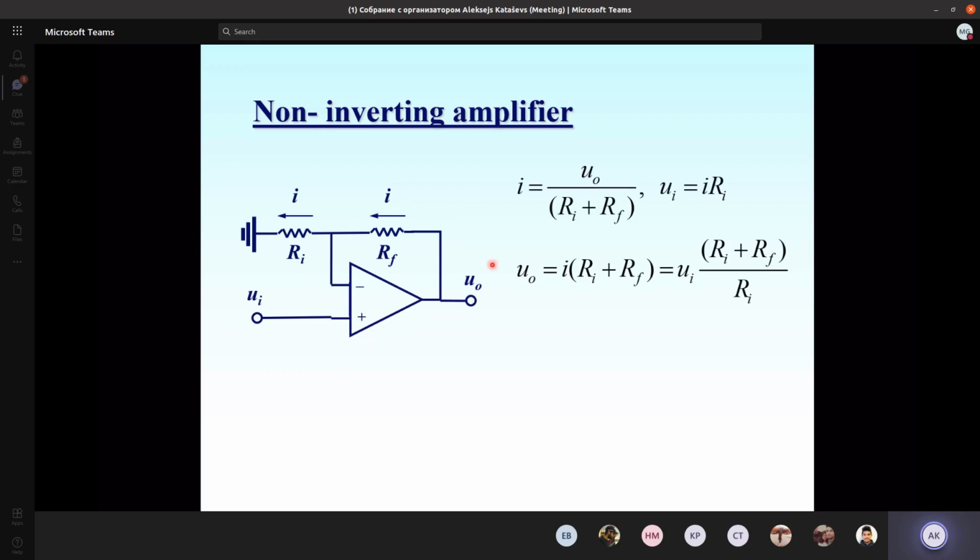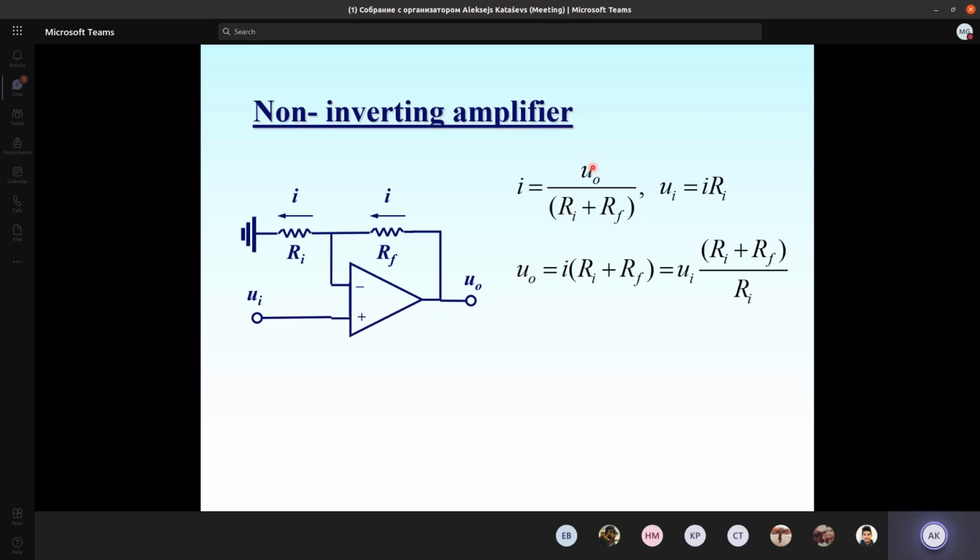We could describe the current that flows from the output to the ground via the chain of resistors RF and Ri. We may calculate it by dividing the output voltage by the total resistance of the chain. So U out divided by R input and R feedback.